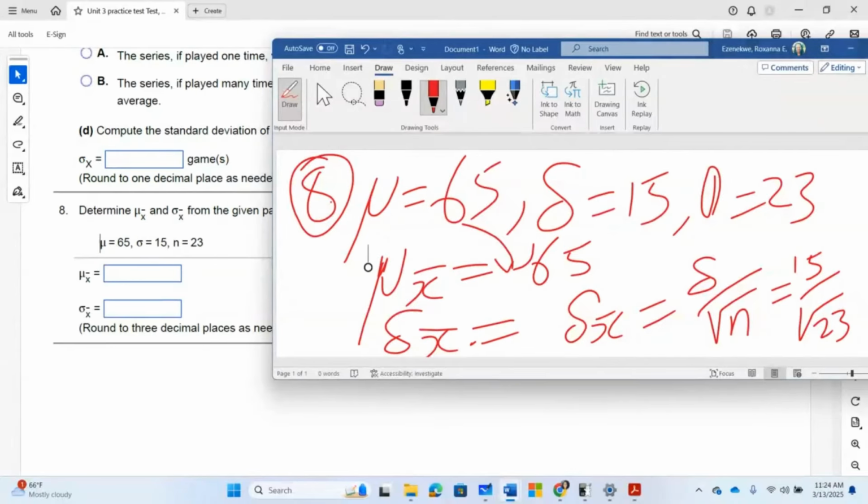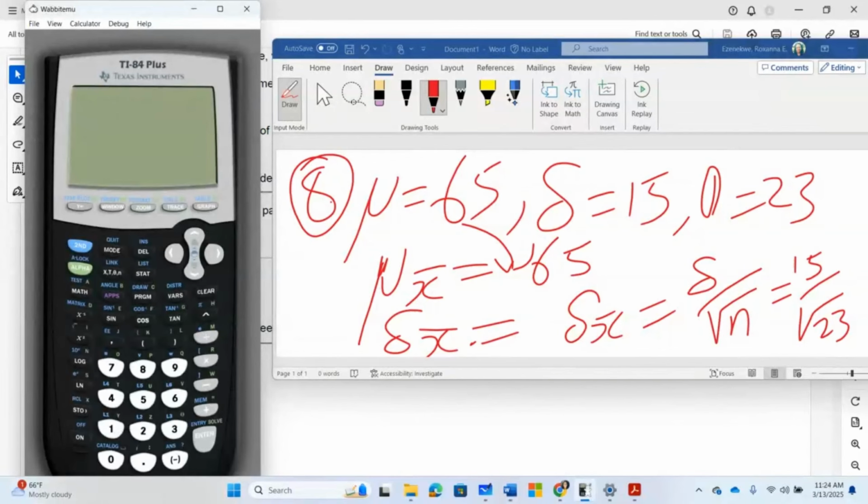You can use your calculator to evaluate that. So 15 divided by the square root of 23 is the standard error.